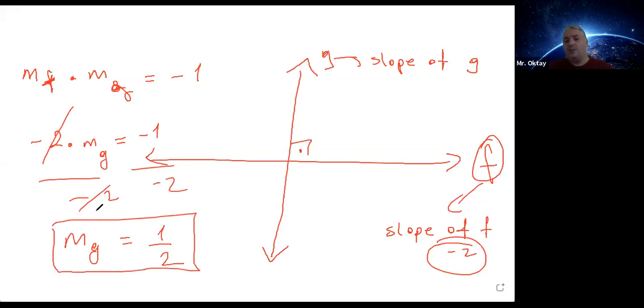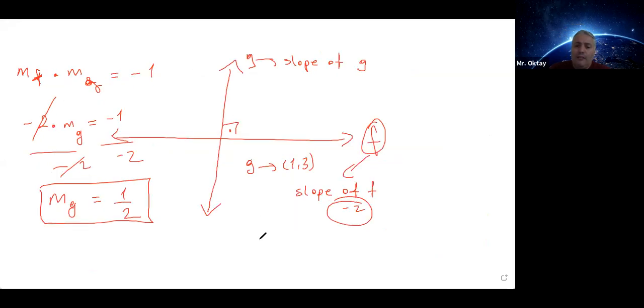That's it. So when you know the slope, in our question, if you read the question again, g passes through (1, 3). So what is the rule? If you know x1, y1 and the slope, the equation of the line is y minus y1 equals slope times x minus x1.